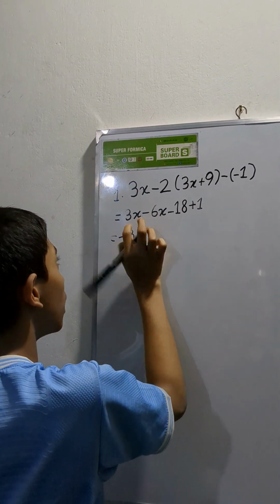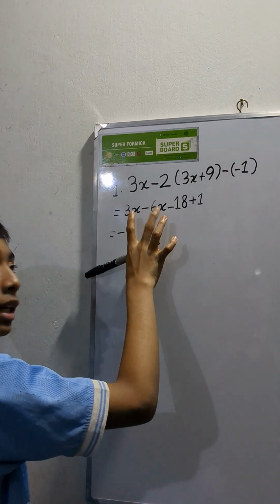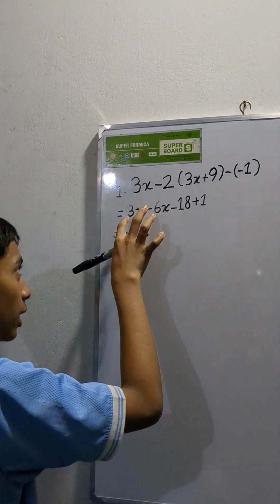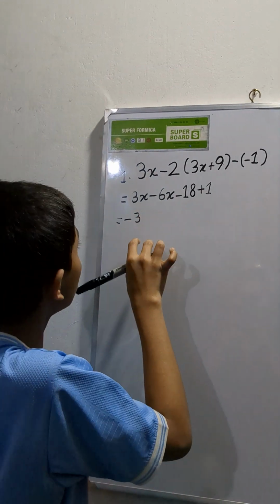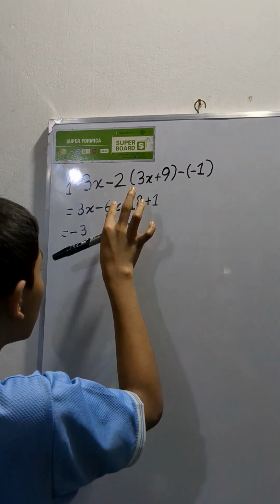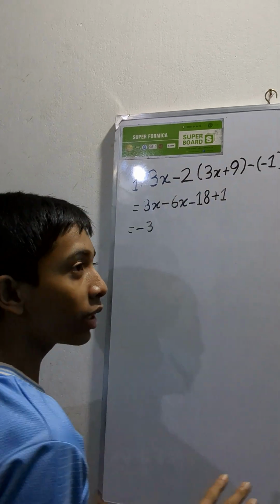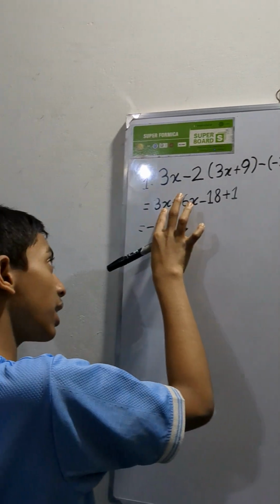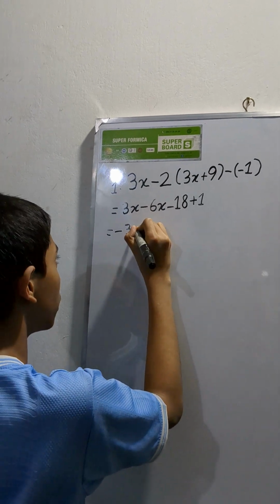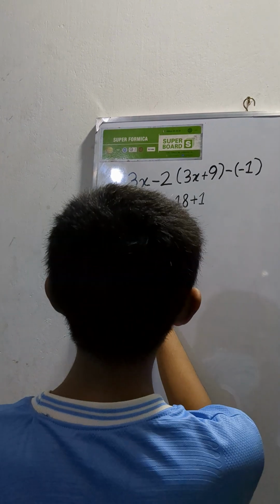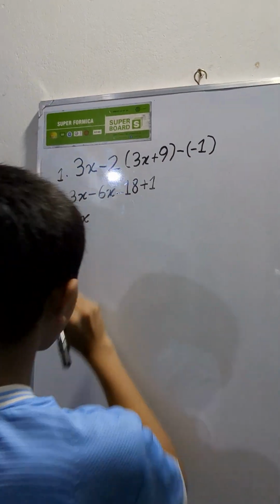So these two consist of x. You see, here is x and here is also x. So that's why we can subtract this math. But if here's no x and here's y, then we can't do anything. As here is x and here is also x, that's why we can do this math. We can add this math. Okay, then it is minus 3x.